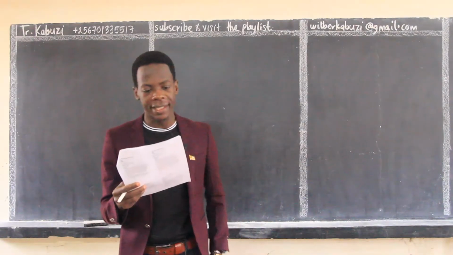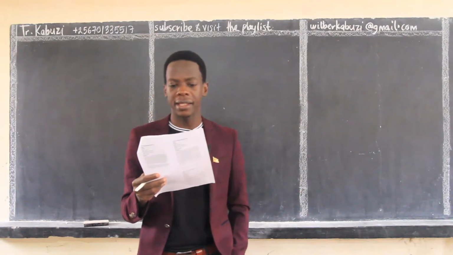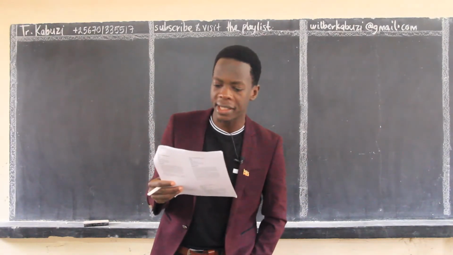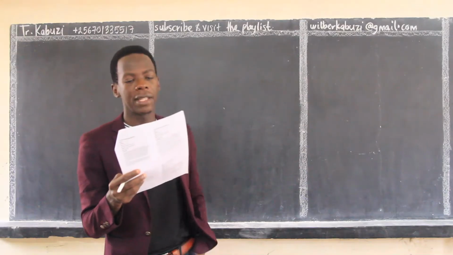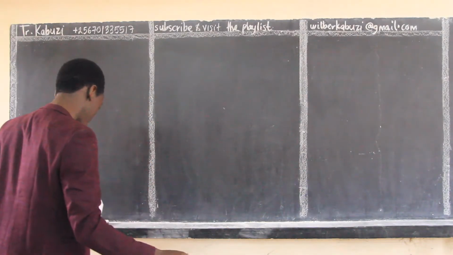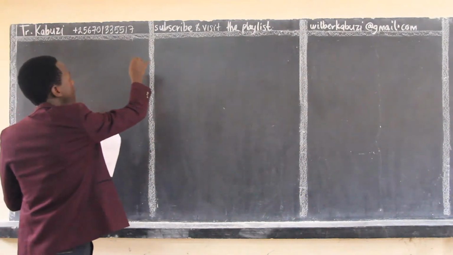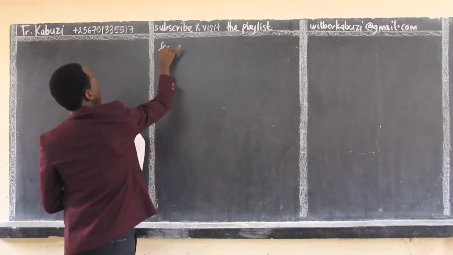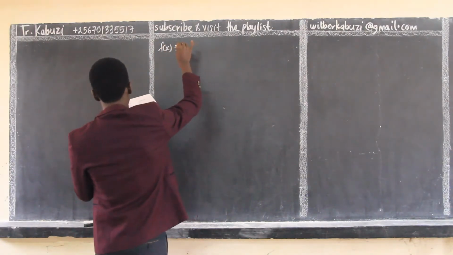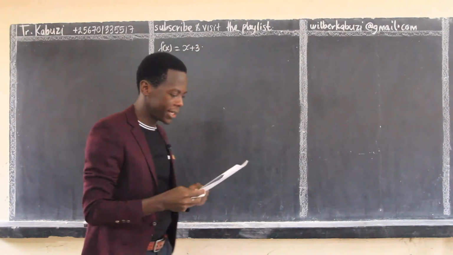Okay, this one says, a business is planning its monthly sales and expenses. The company tracks the expenses using the function f of x equals to, that is what tracks the expenses.